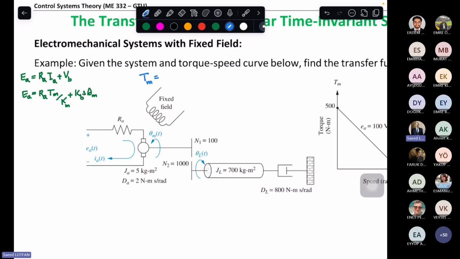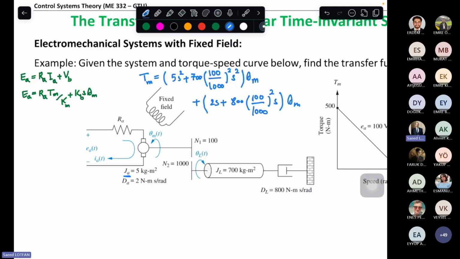The torque on the motor is like J of the armature, 5 S2, plus 700 over 1000 to the power of 2 S2 theta M, plus the damping part, 2s plus 800 s theta M. Now I consider this guy as J equal S2 and this guy as D equal S.